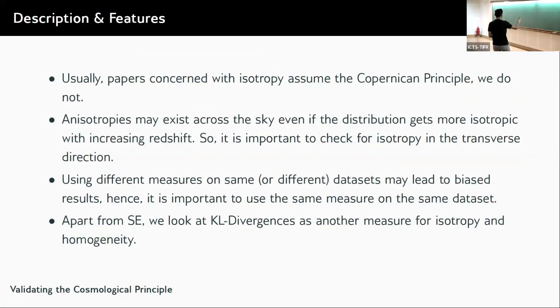So we have a 3D distribution of points. We divide it into voxels. Do these voxels contain a lot of particles, or either 0 or 1? No, they contain a lot of particles.